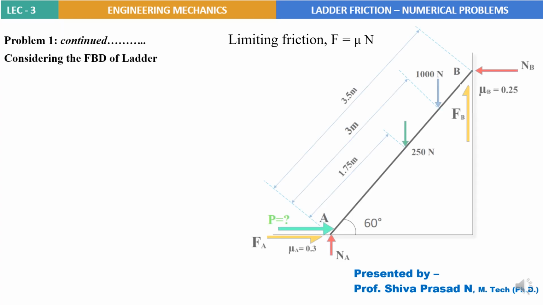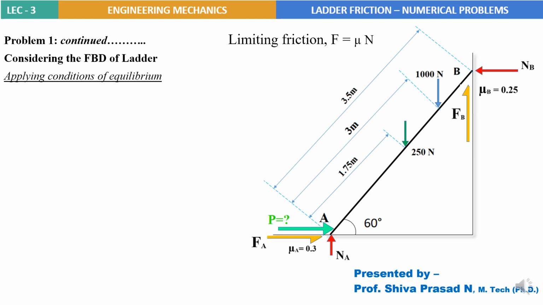Considering the free body diagram of the ladder, so that's what we have got just now, and applying the conditions of equilibrium. What are all the conditions of equilibrium that we need to consider here? When we solved the problems on block friction in the previous video, if you have not observed the previous video, please check out our previous videos wherein we have solved the problems on block friction.